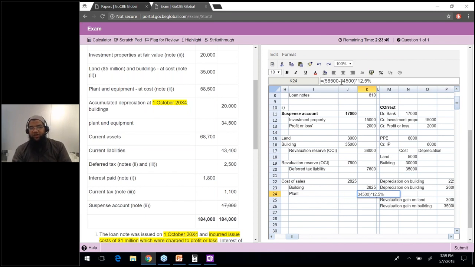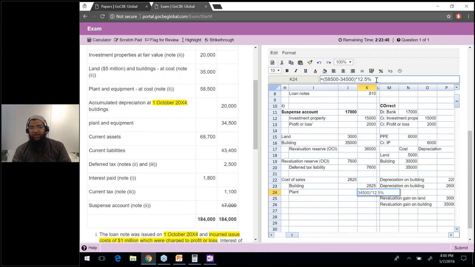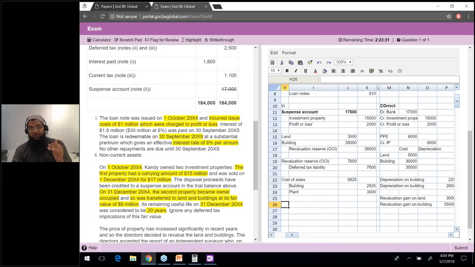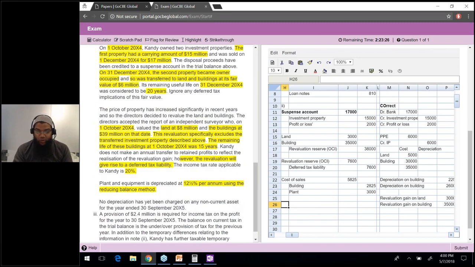That will give us the depreciation on the plant. And if you see, my cost of sales has been updated because this now includes both the depreciation on the building and the plant. This is how we have completed our adjustment number 2.